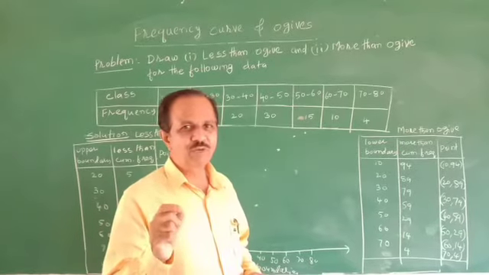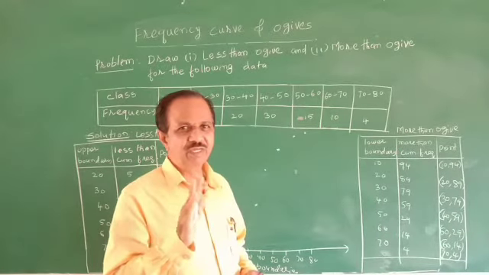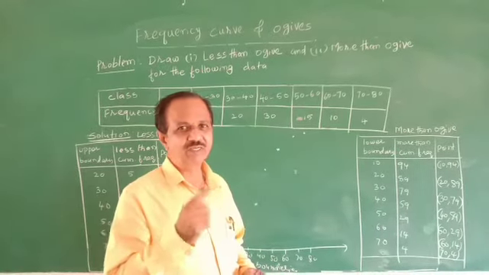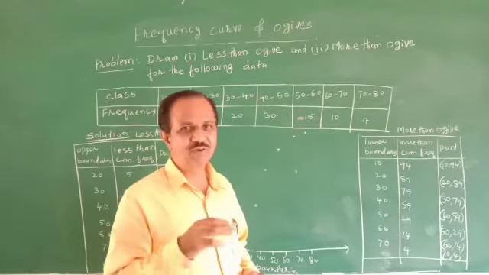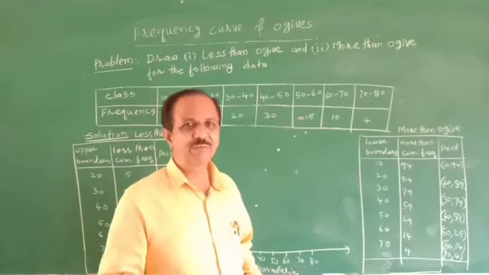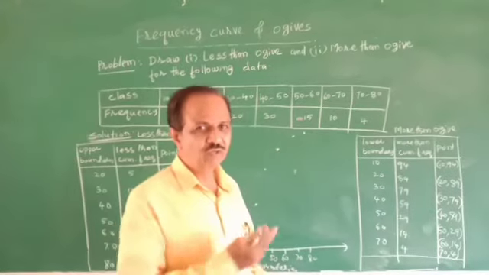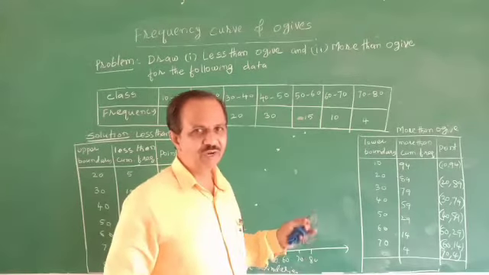So in a frequency polygon, if the sharp turns are avoided, it becomes a frequency curve. We will see later how to draw a frequency curve on the graph.